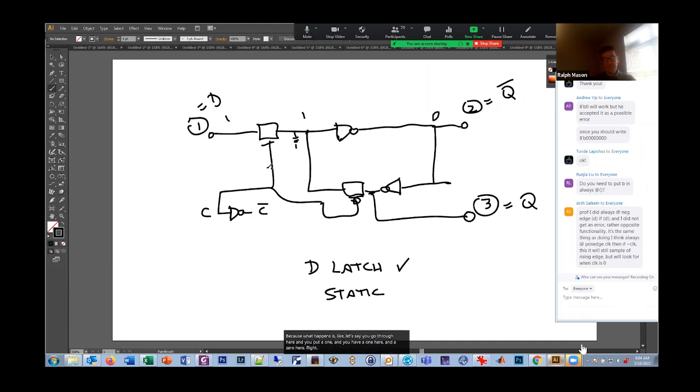Then when you switch this one off and you switch this one on, this is a feedback path. It doesn't really rely on this capacitor. There can be leakage current through the diode here. It doesn't matter. This inverter is providing lots of current to force it to stay at 1. So it doesn't need that capacitor. That's why it's static. Yeah, you got it right. Does that make sense? Yep.